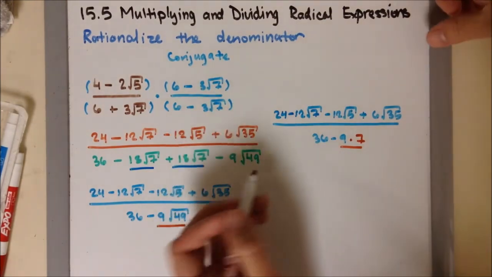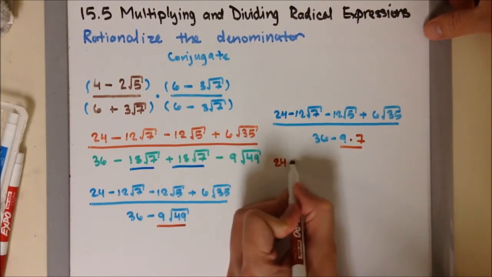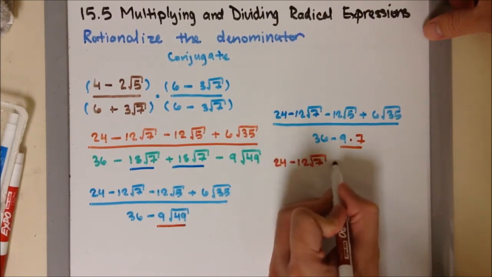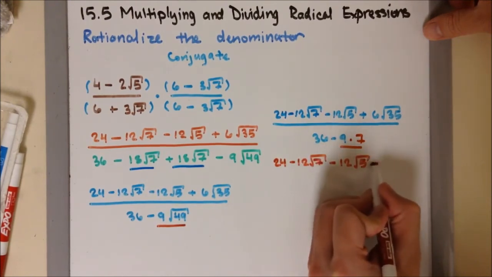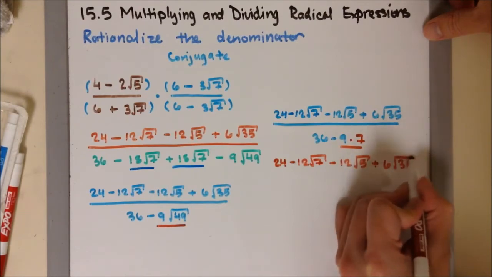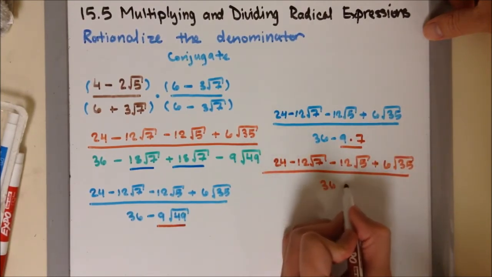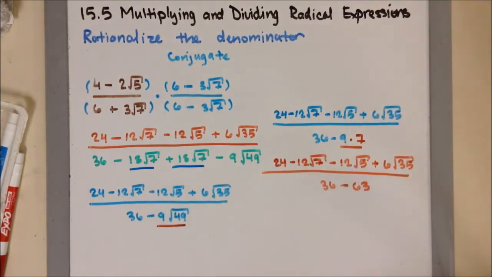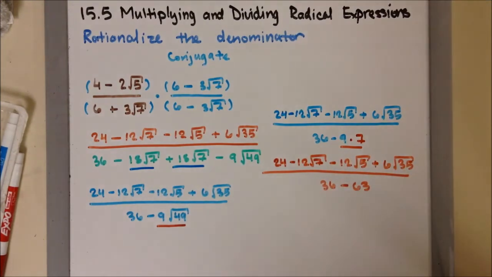So, like I said, the numerator stays the same. 24 minus 12 square root of 7 minus 12 square root of 5 plus 6 square root of 35 over 36 minus 63. So here, you actually have to work out 36 minus 63.